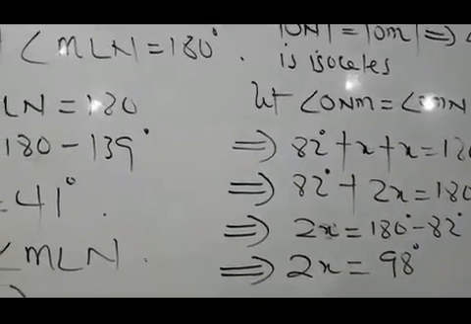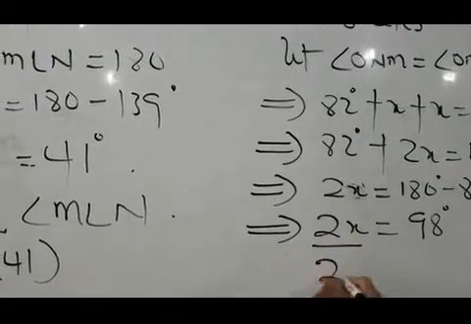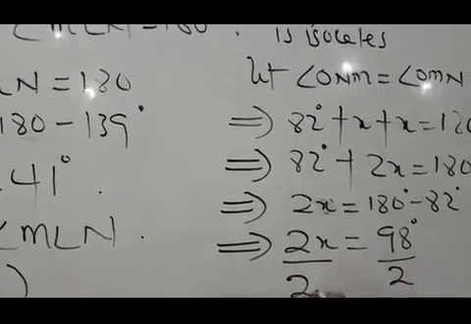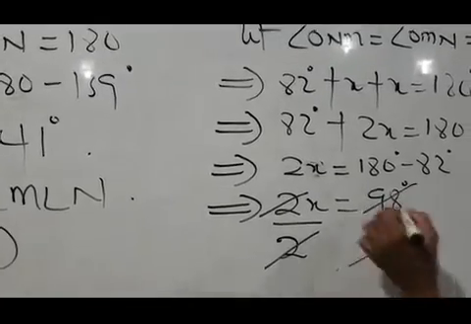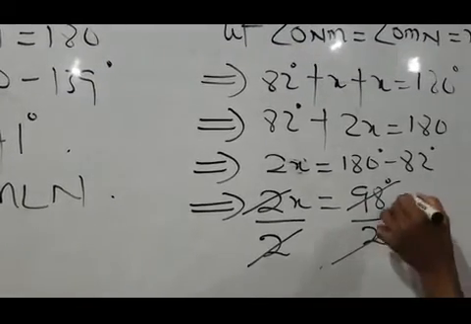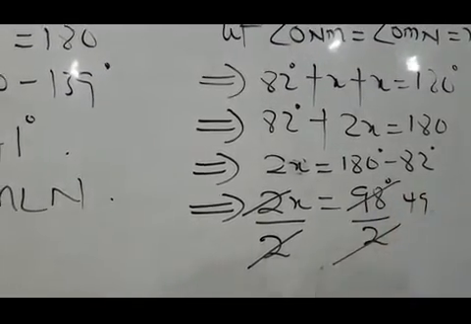We want to find x, so we divide both sides by 2. 2 will go into 98, 49 times.